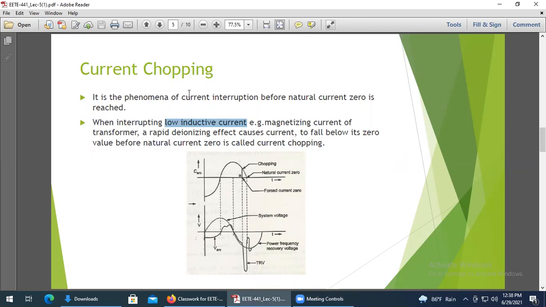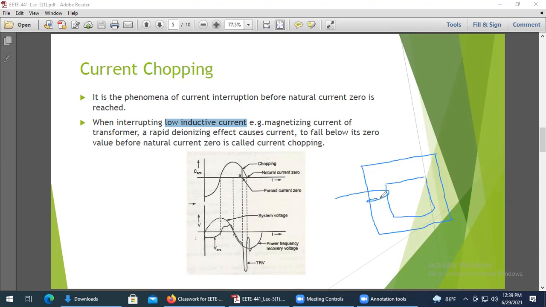This phenomenon will often be encountered when you want to switch on or trip an unloaded transformer. Let me give you some idea about that. Let's say this is a transformer. The secondary side is open. The secondary terminal is open.